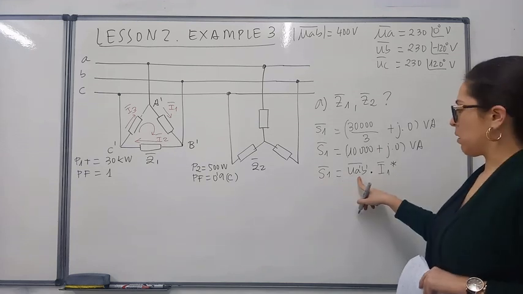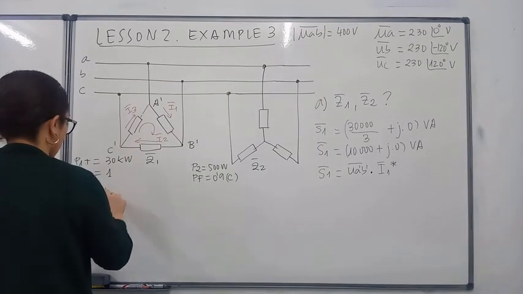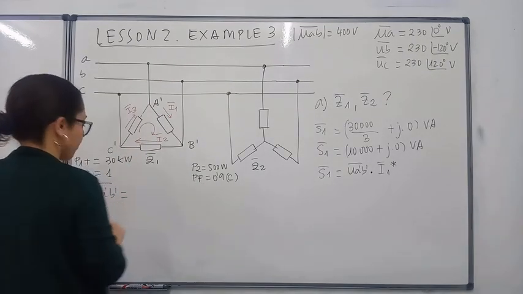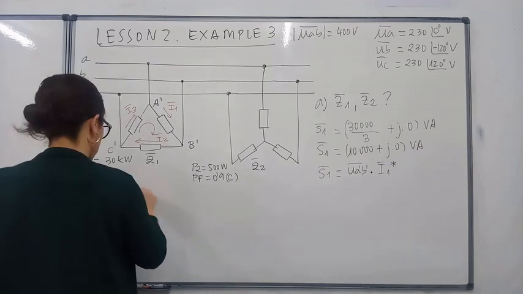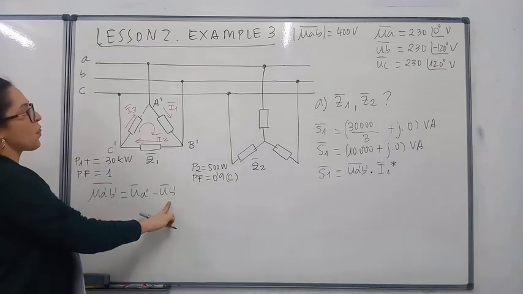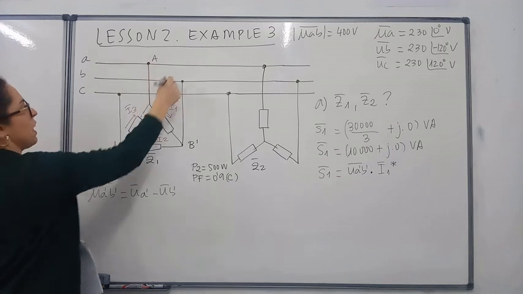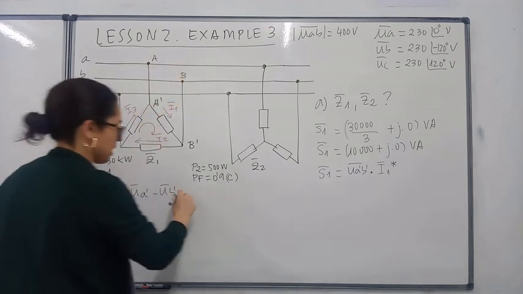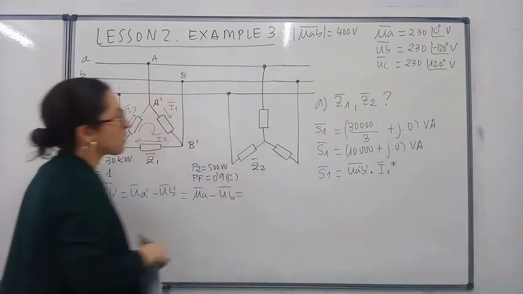Then we need to calculate the value of the voltage A prime B prime. That would be the same as voltage A prime minus voltage B prime, and they coincide respectively with points A and B. So that is voltage A minus voltage B.